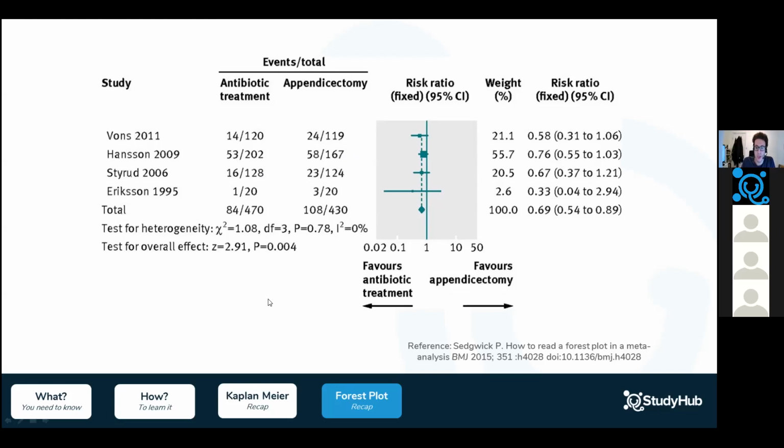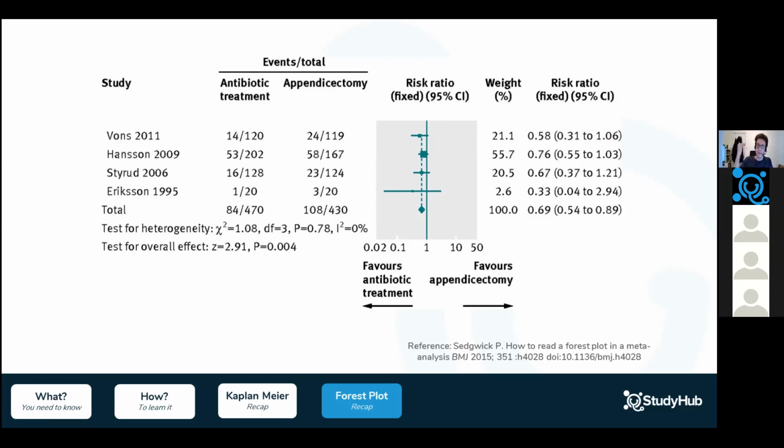So the gist of everything is this line here that says total. Okay, this total represents the overall result of the meta-analysis. So the reason we produce forest plots is because, if you remember the levels of evidence for treatments, you've got empirical, and then you've got randomized controlled trials and so forth.